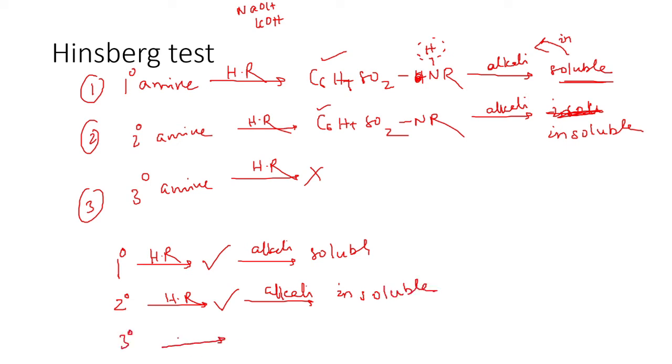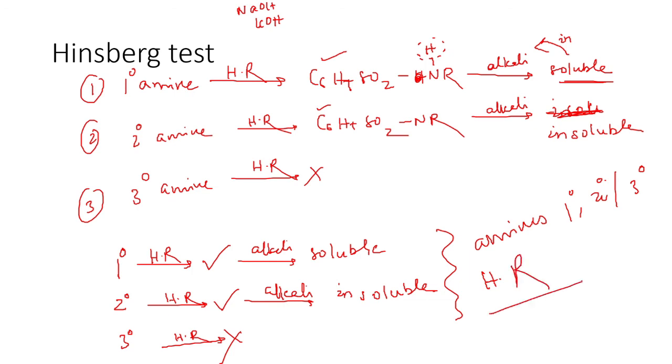Tertiary amine, Hinsberg reagent, no reaction takes place. So this is how you distinguish primary, secondary or tertiary amines by Hinsberg reagent. Okay, done.